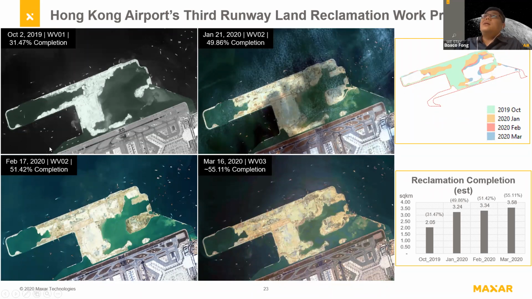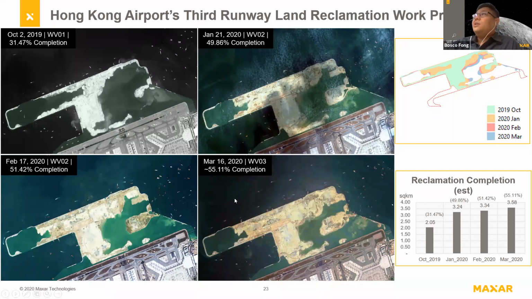Based on the calculation, this is about 31% completion. The second one, we're using Movie 2. The images were taken in January 2020. Based on the calculation, this is about 49% completion. In February, this other imagery is about 51% completion. And this other one in March, 55%.